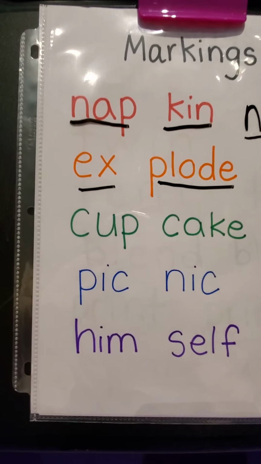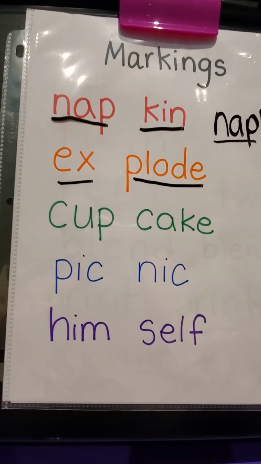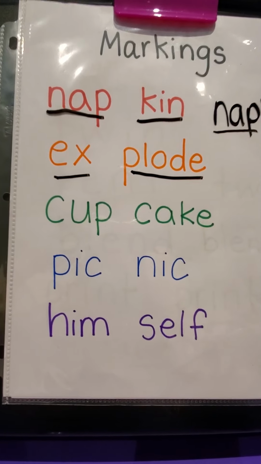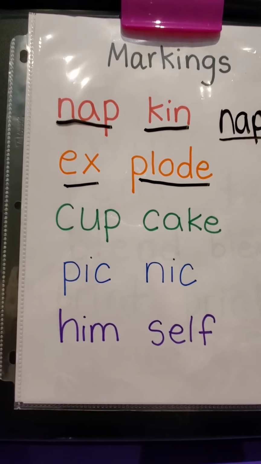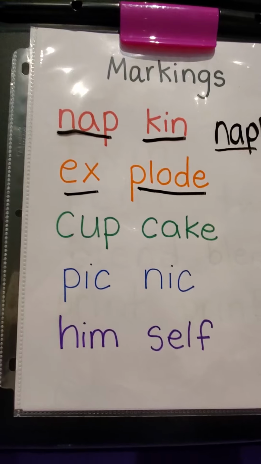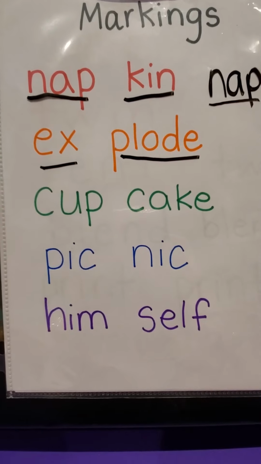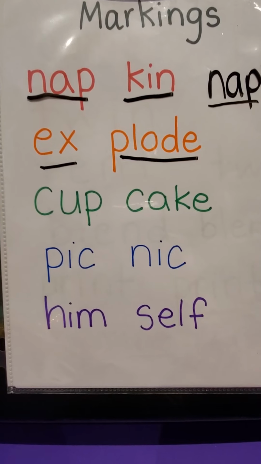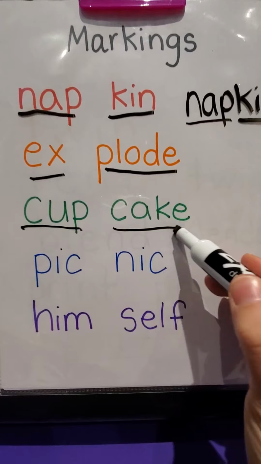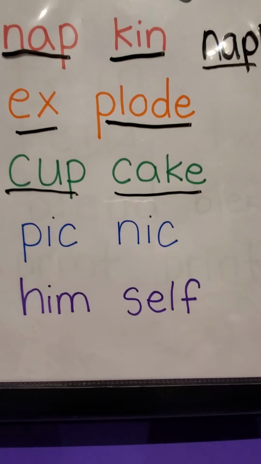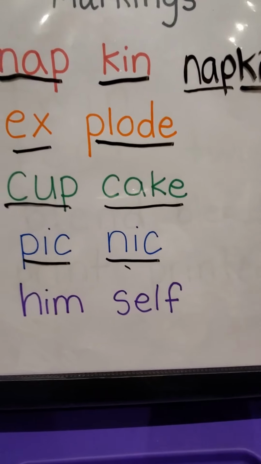Be sure too, when you're looking at words that are two syllables, that you think of long vowel sounds too. If you see an E at the end, chances are it's going to be silent E and then the long vowel sound. The next one is a good example of a two-syllable word that's also a compound. We have cup and cake. Then we've got pick, nick, picnic.